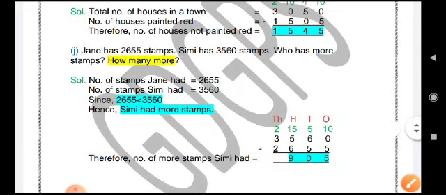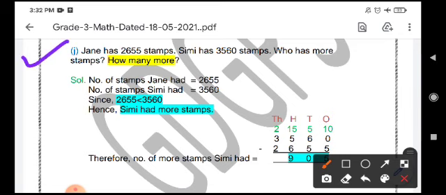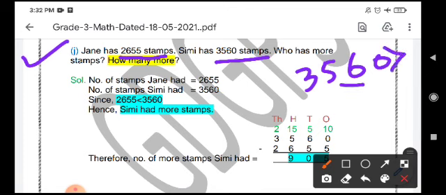Now J part. Read the question properly first. Jane has 2655 stamps. Simi has 3560 stamps. Who has more stamps? We know 3560 is greater than 2655.